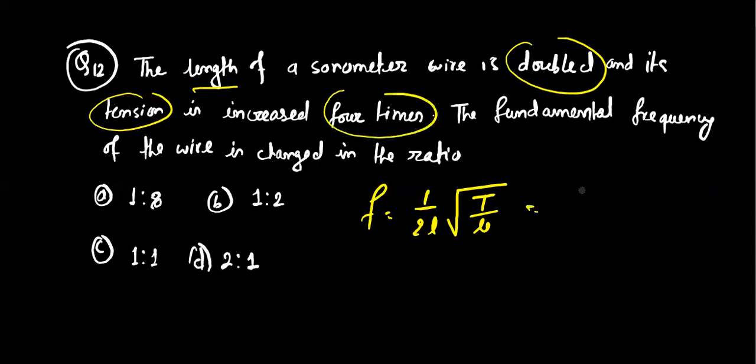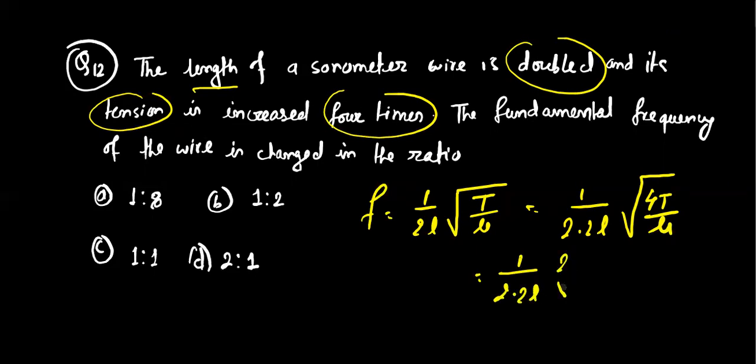So I am just going to write here 2 into 2L root under 4 into T by mu. Okay, so this will be equal to 2L and 2 of root T by mu, and these two cancel out. So it will be 1 by 2L root over T by mu.